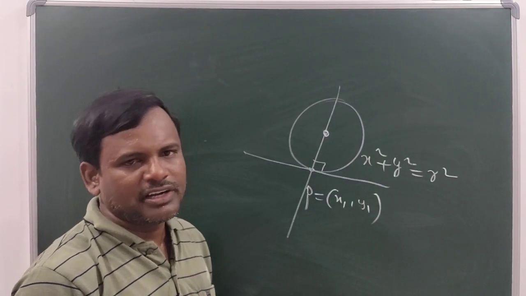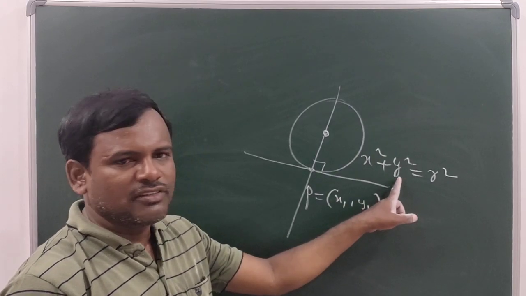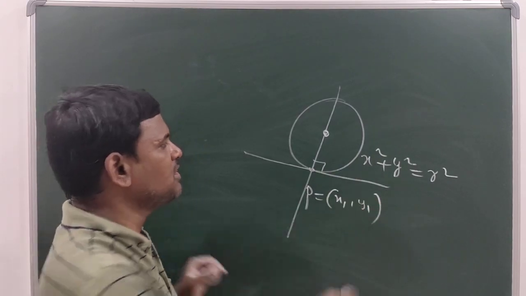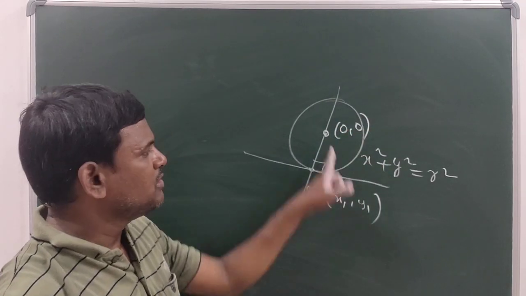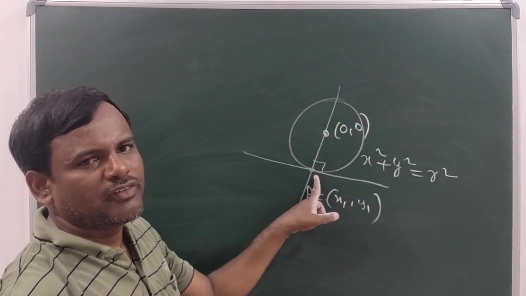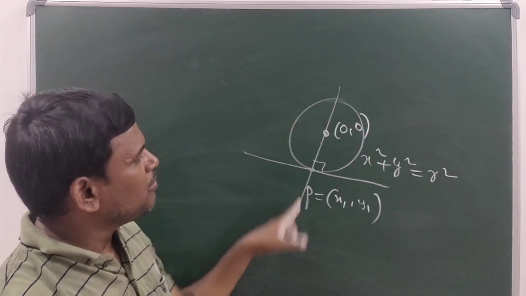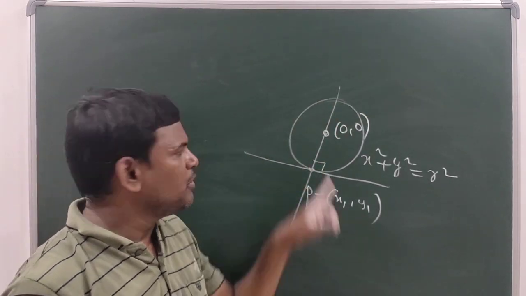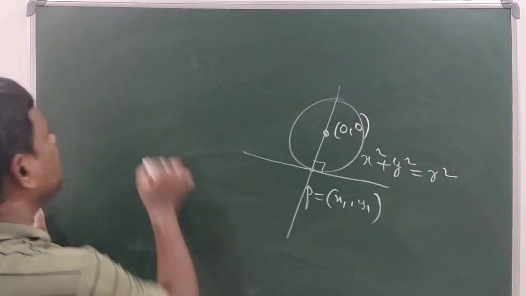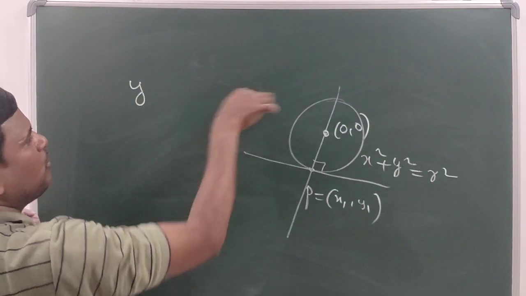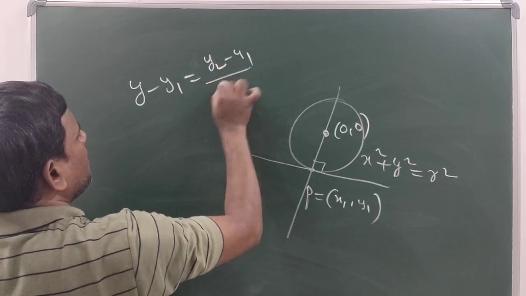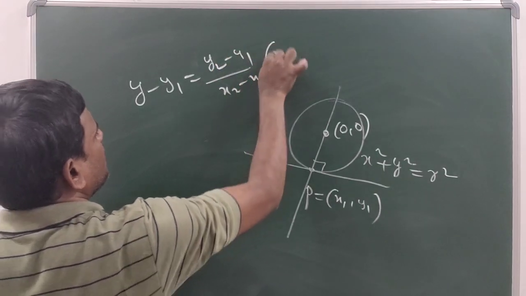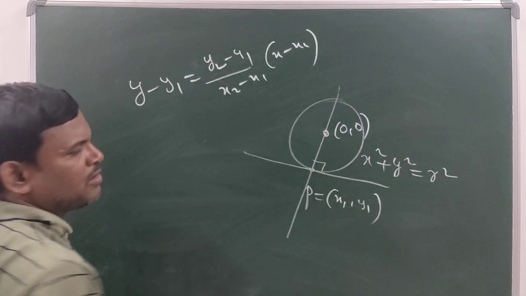Point of contact is given and the equation of the circle is given. If the equation of the circle is given, you know how to determine its center. The center is known, the point of contact is given, so two points on the normal are given. When two points are given, you know how to determine the equation of the line: y minus y1 is equal to y2 minus y1 by x2 minus x1 of x minus x1.